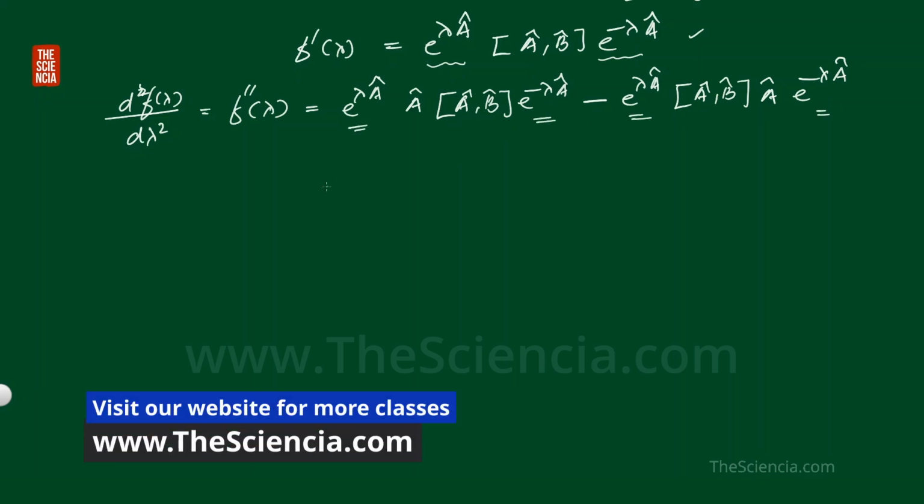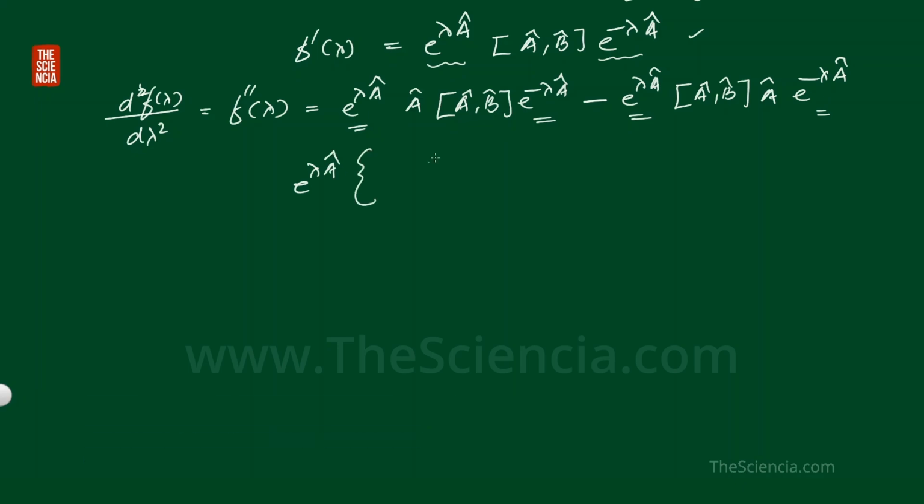So I am taking e raised to lambda a into a cap into commutator a cap b cap minus commutator ab into a cap into e raised to minus lambda a cap. So what is this one?